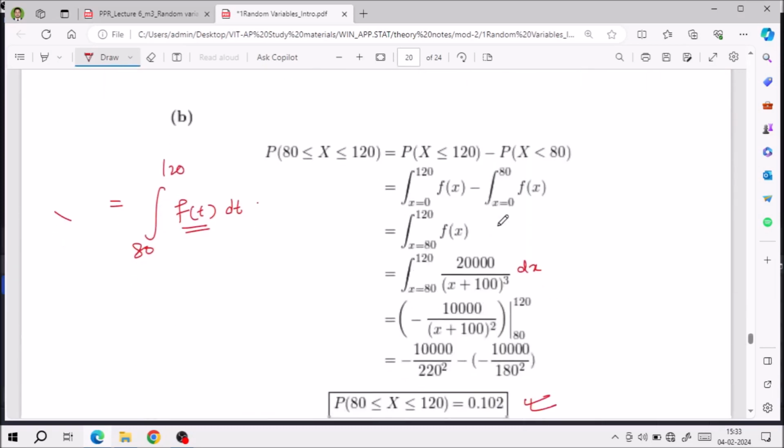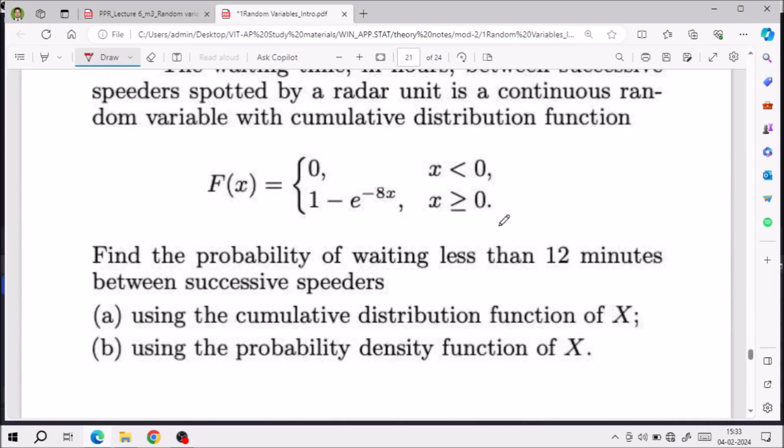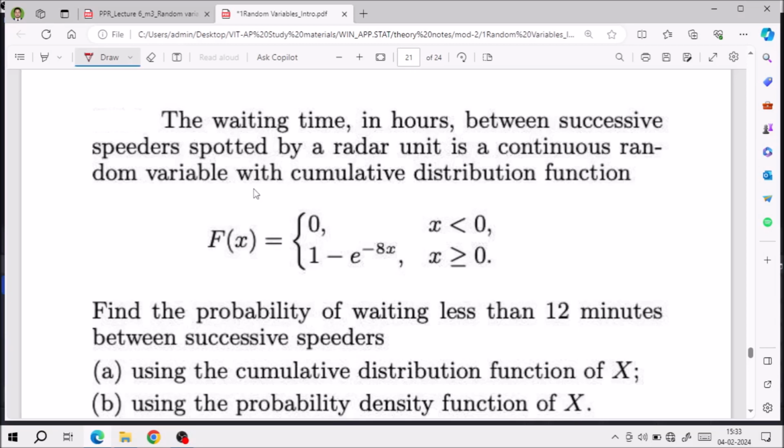Now we are moving on to the second question. Again, you have a cumulative distribution function: the waiting time in hours between successive speeders spotted by a radar unit is a continuous random variable with this cumulative distribution function. Remember the relation between the cumulative distribution and the density function: f(x), if this is the density function, is nothing but d/dx of F(x).